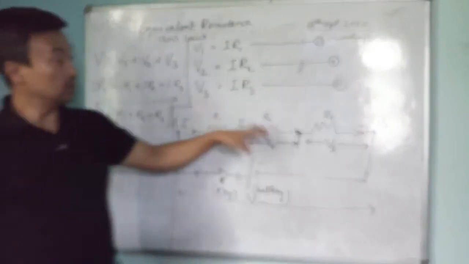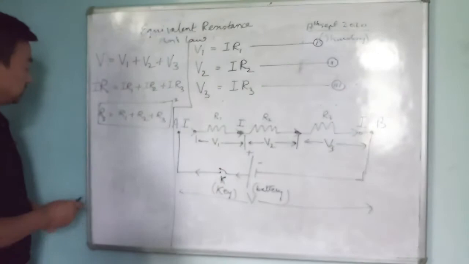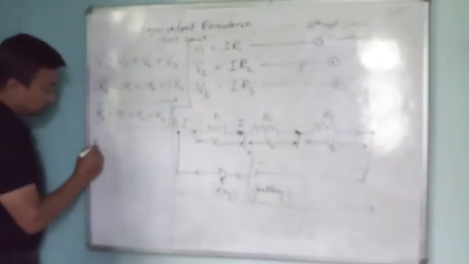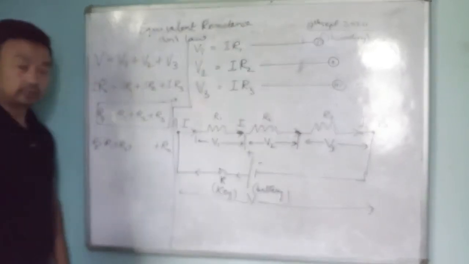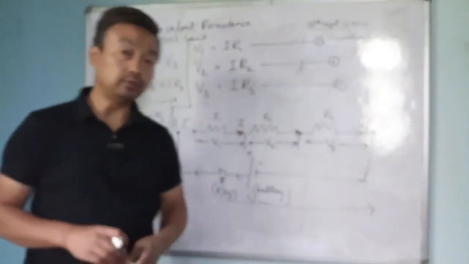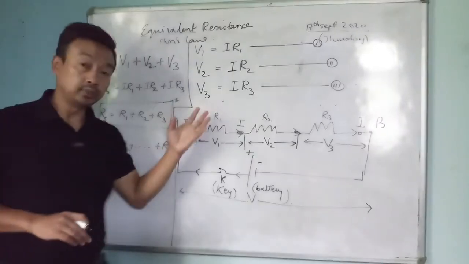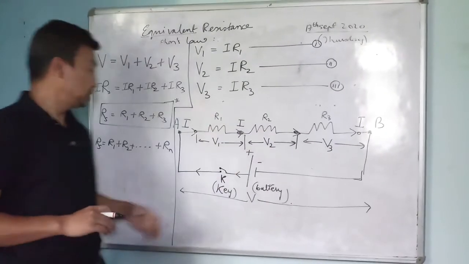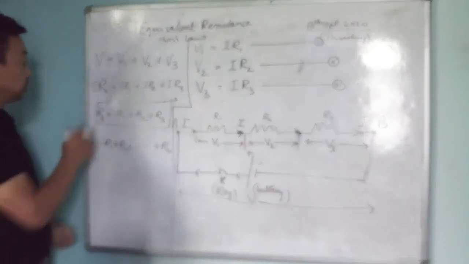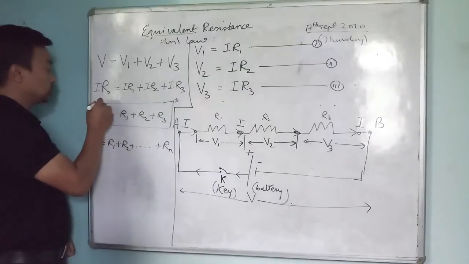Now if there are more than 3 resistors, for example n resistors, then we get something like this. You go on adding up to n. There can be 3, 4, 5, 6, or more; 2 should be the minimum. If there are 2, then you just add R1 plus R2. So this formula is very, very important here.